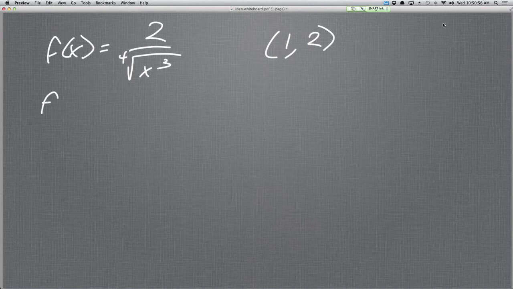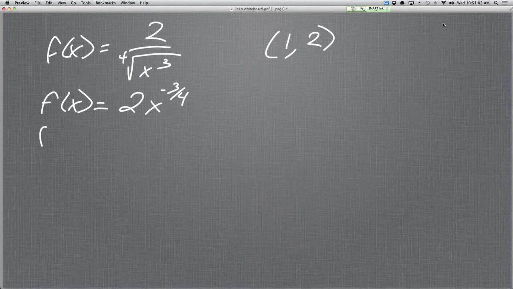I need to rewrite this before I can find the derivative, though. That would be 2 times x to the negative 3/4. So when I find the derivative, negative 3/4 times 2, what does that give me? Negative 3/2.